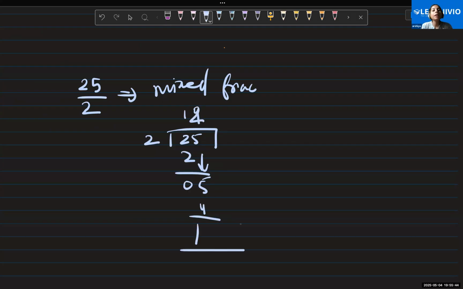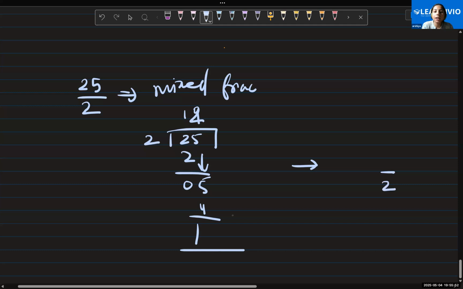So we have one remainder. The denominator stays the denominator only. The remainder will go up in the numerator, and the quotient will be the whole number. So 12 1 by 2. So the denominator divides the numerator, then the remainder will be the numerator, the denominator will be the denominator, and the quotient will be the whole number. Yes. Okay.